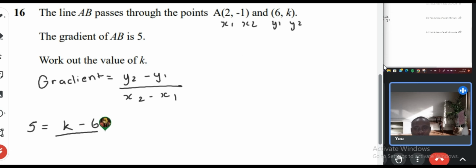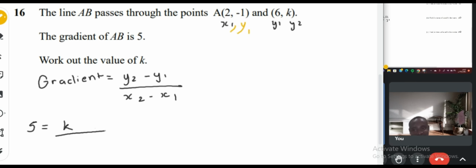K minus what? You're making the mistake again. Oh, wait. Oh, no wonder. It's the way you expressed it. I can see this is where you're running into a problem. A coordinate is x, y, not x, x. So this is actually x1, y1.